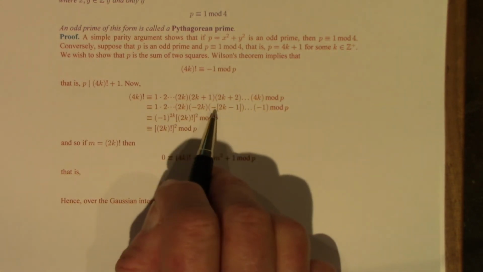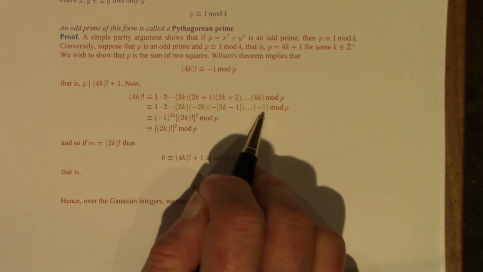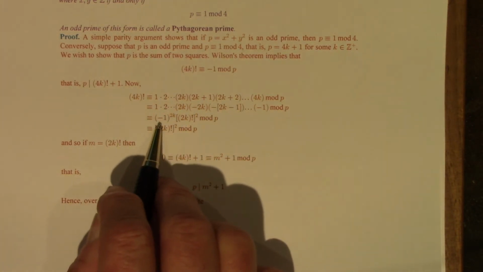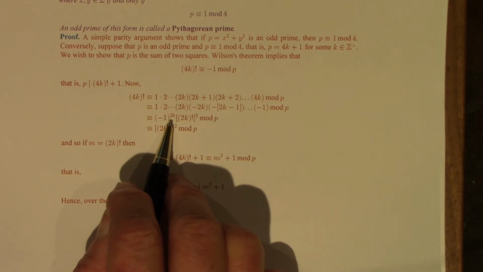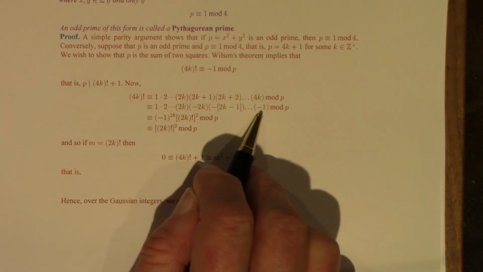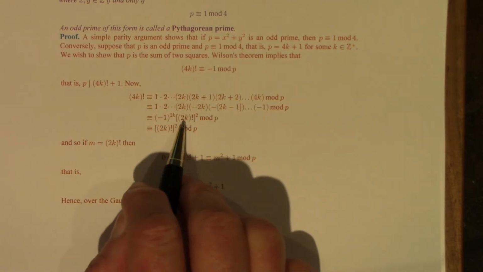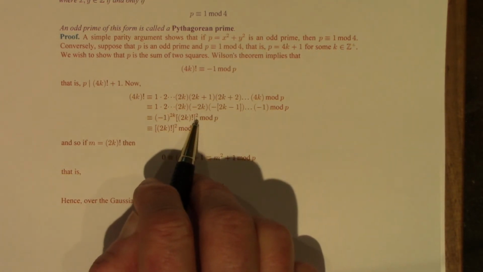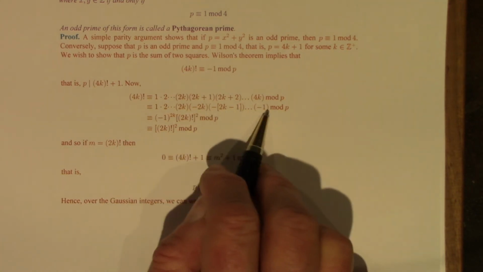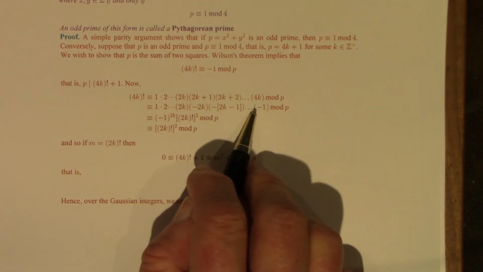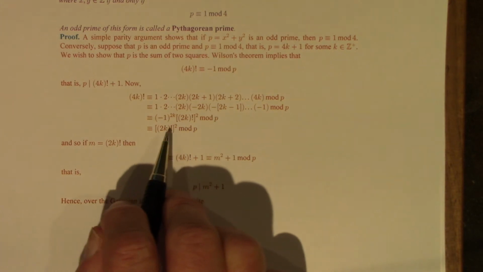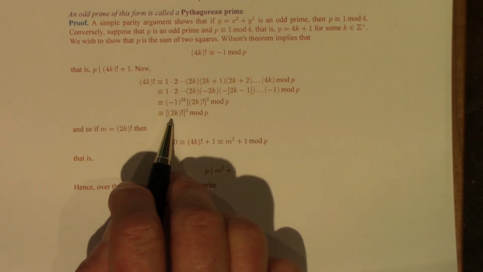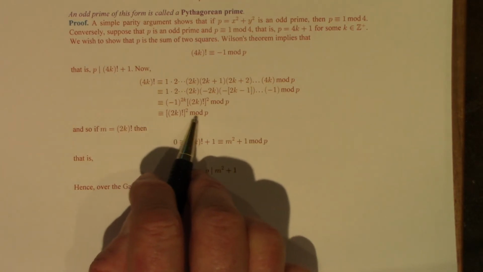So by altering the last half of the factors, we get negative 1 to the power 2k, because there are 2k factors with a negative sign, times (2k)! squared, because there's 2 copies then of (2k)! if you pull out these negative signs. And of course, negative 1 to the 2k is 1, and so you get (2k)! squared mod p.